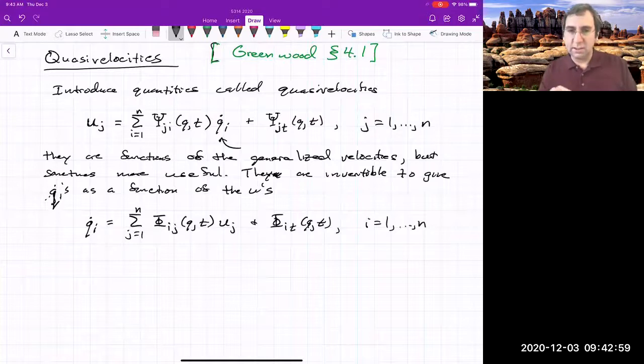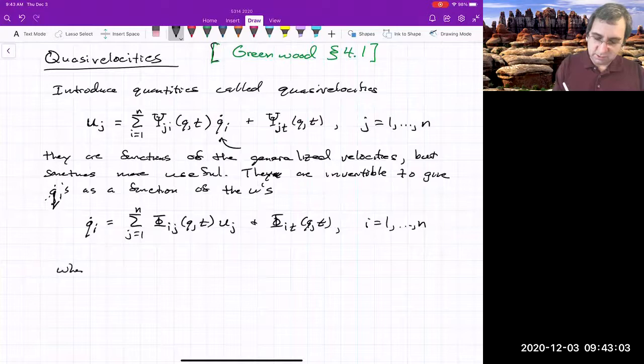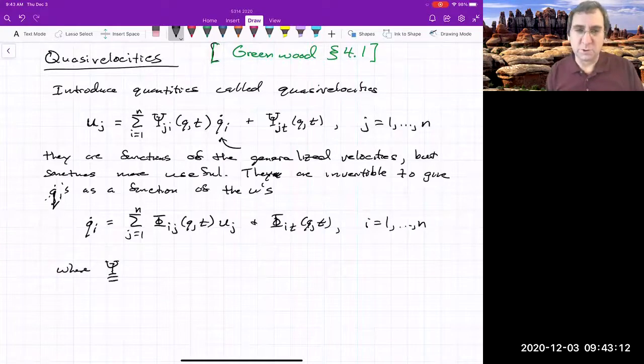You could cast everything that I've written here in terms of matrices. So if we think of this capital phi, I'll put 2 underscores to emphasize it's an n by n matrix. It's a square matrix.